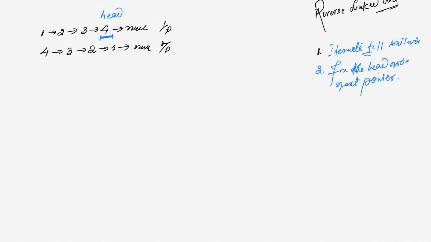Whenever we make any kind of recursive call, internally our program uses a stack. Suppose we have a stack with 1, 2, 3 and 4, and initially 1 is pointing to 2, 2 is pointing to 3, and 3 is pointing to 4.